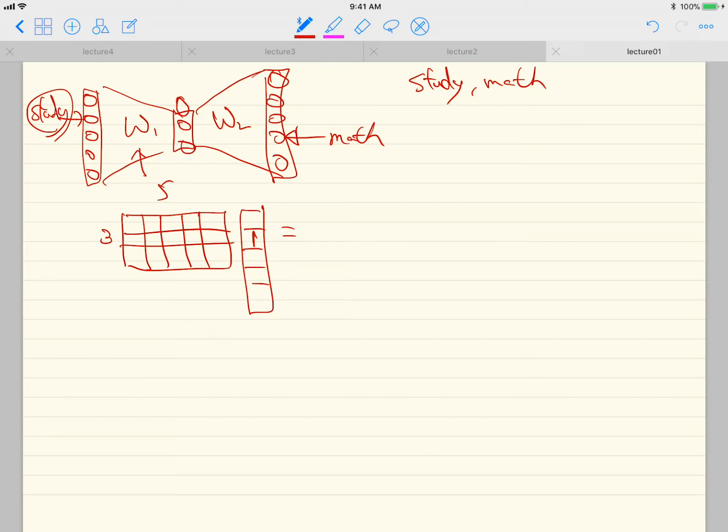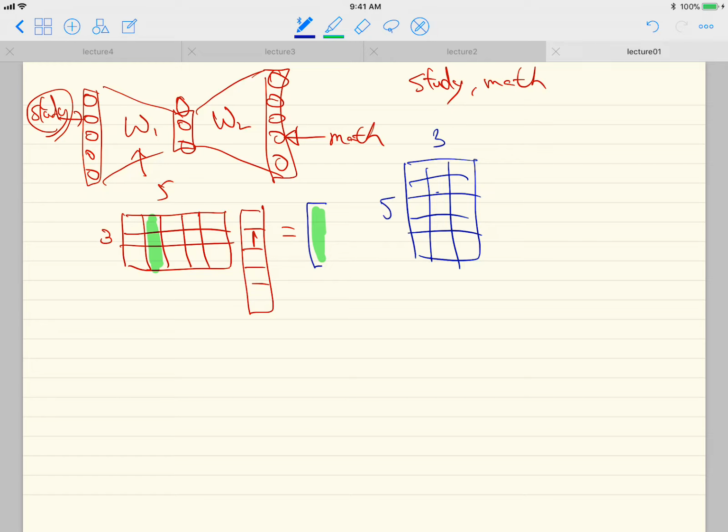And then I already mentioned that in this case, the output will be just picking up this column vector, and that column vector will be used as an input to the second layer, which is transformed by W2, and W2 is 5 by 3.